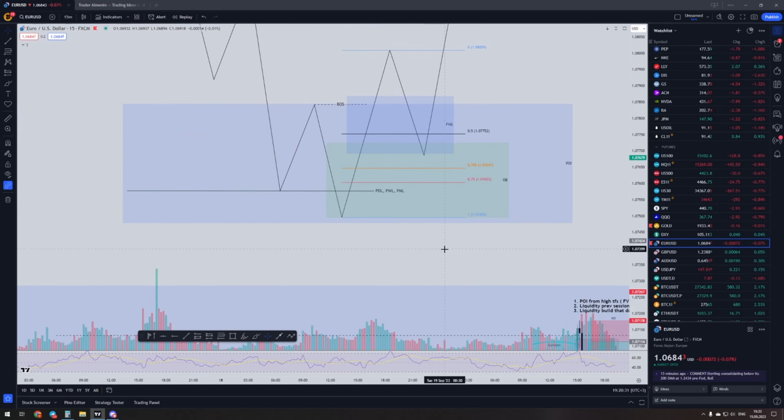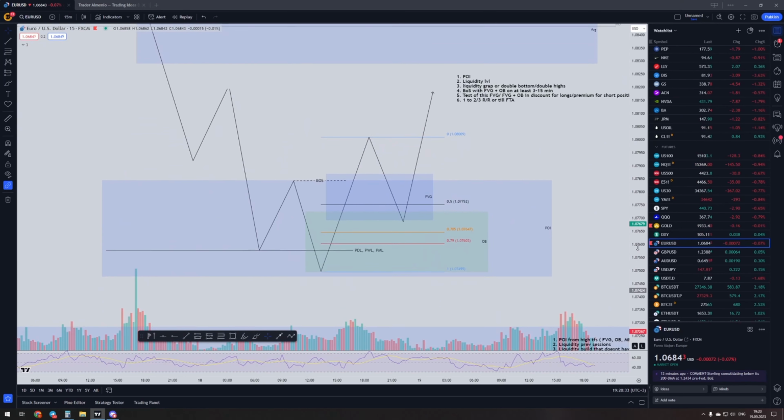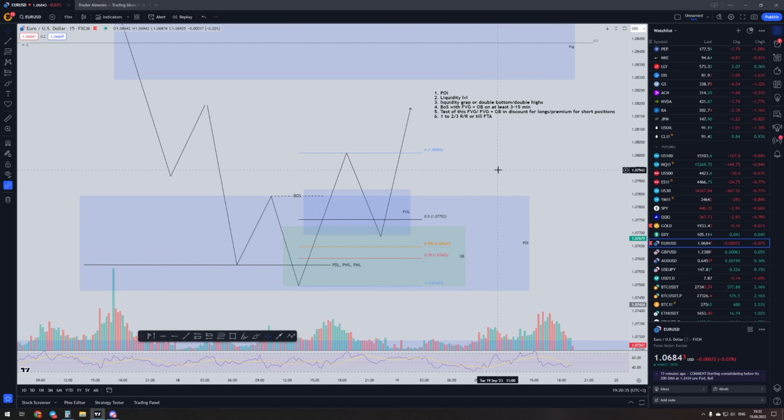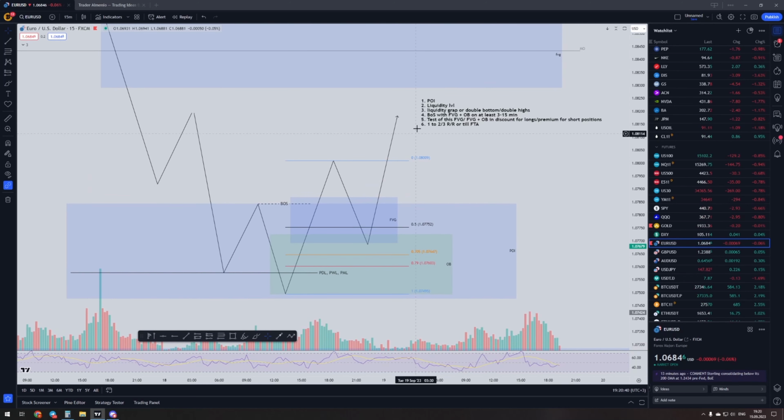So first strategy, this is the one that I use 90% of the time. I like everything happening in point of interest, like liquidity levels, liquidity grab, or double bottom, double highs. Also, you can see 3 drive pattern, 3 top setup.